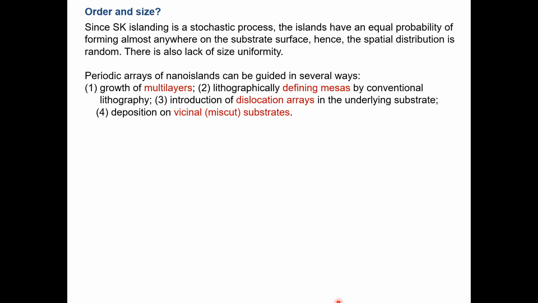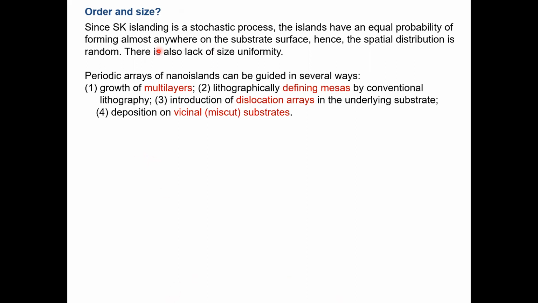It's interesting that, again, we don't see in ATG or Stranski-Krastanov (SK) type growth any special order and size similarities. We have to really guide to get orientation and ordering.